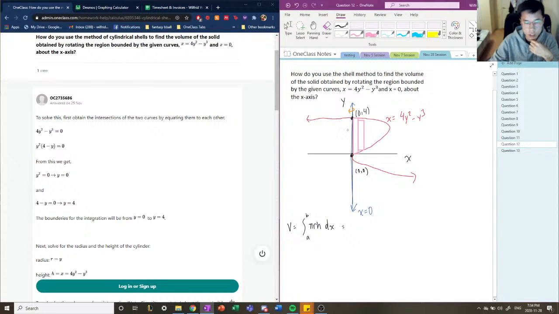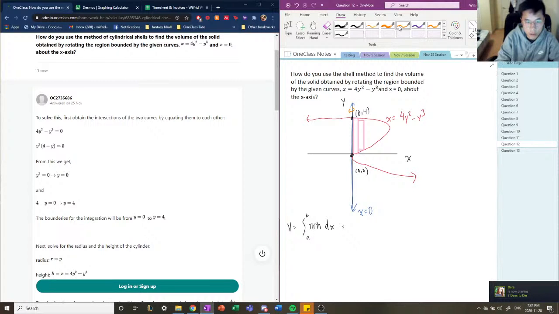Okay, so for integrals, usually, when you're calculating the area under the curve, you're adding together very small intervals of small rectangles, and once you add all these areas up, you find the area of this region. So when we're applying it to the volume, we're also adding up the area of these rectangles, but also they are revolving around our x-axis.